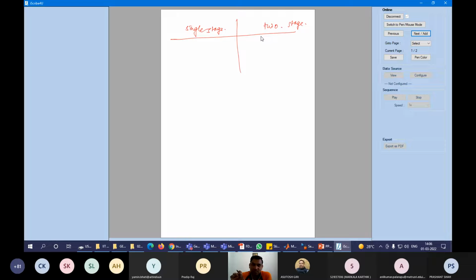Remember, boost converter is not used to boost the voltage in case of grid connected PV system. Why? Because boost converter has only 1 degree of freedom. It can either boost the voltage or it can do the MPPT.